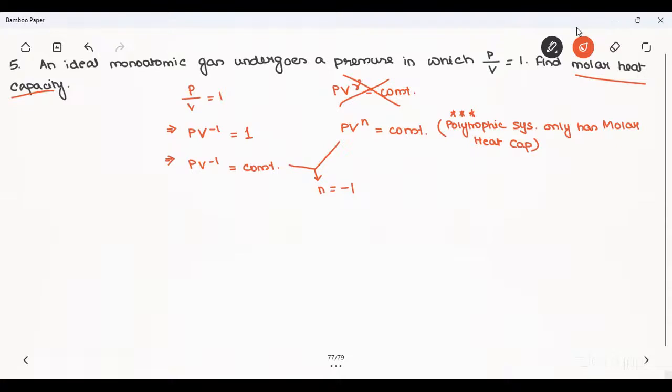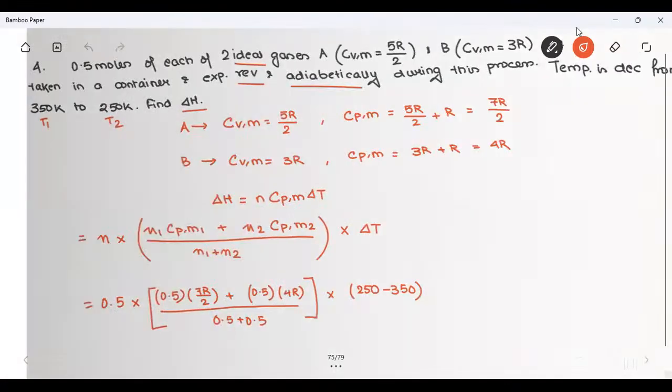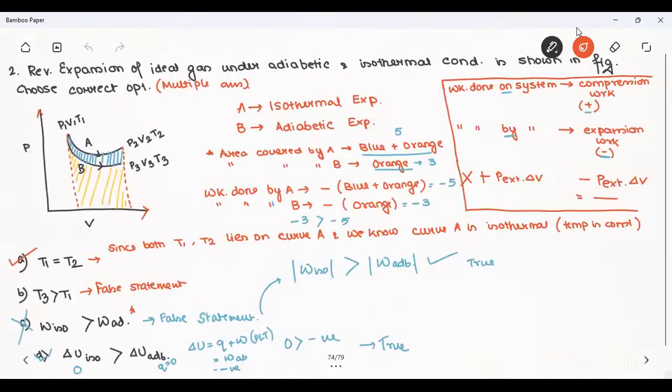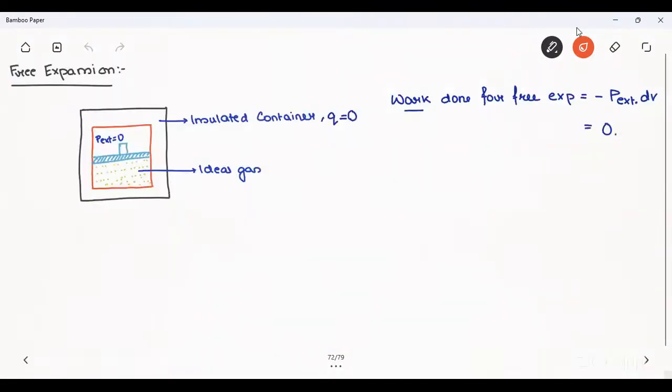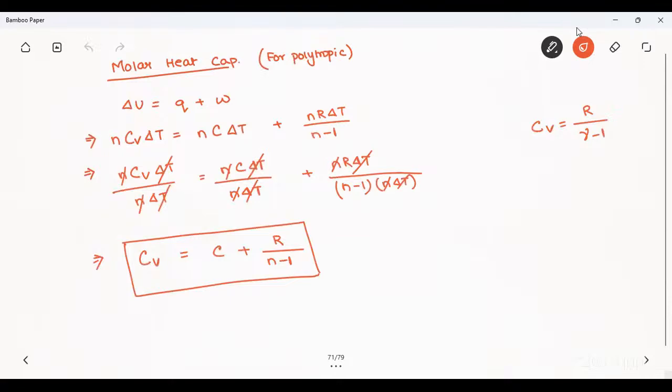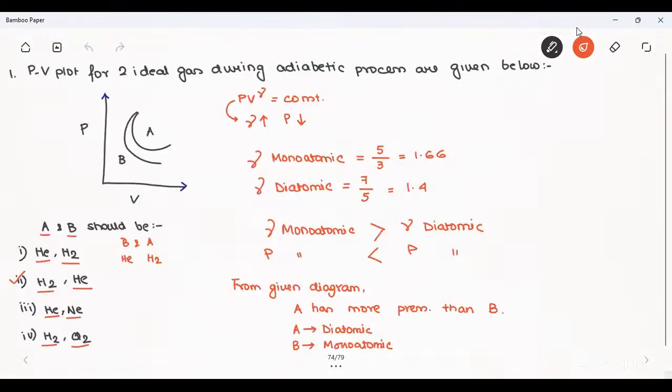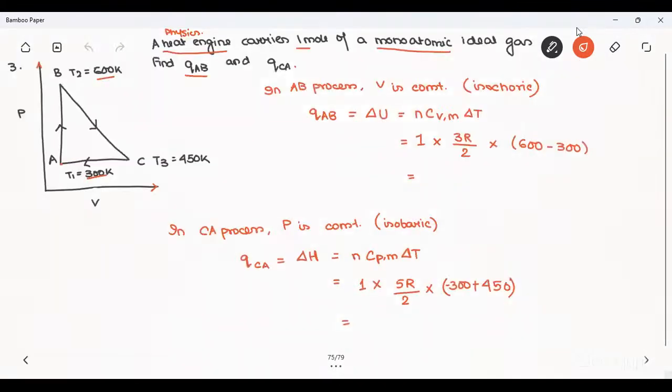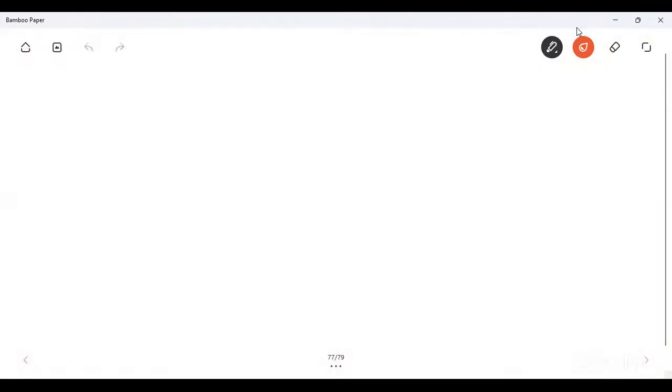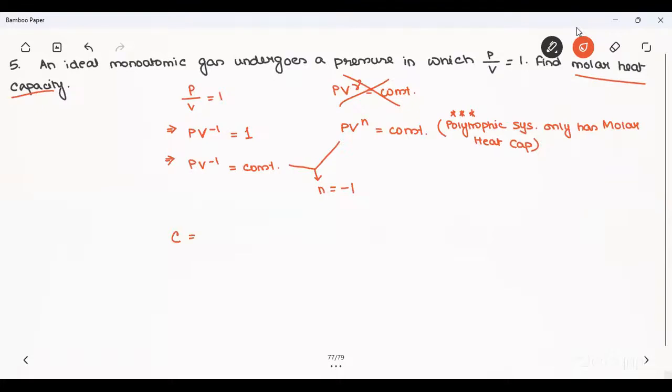Now, what did they ask us to calculate? Molar heat capacity. Last class, I derived a formula with you. We will be using this. Do you remember the formula? It is C is equal to CV minus R by n minus 1.